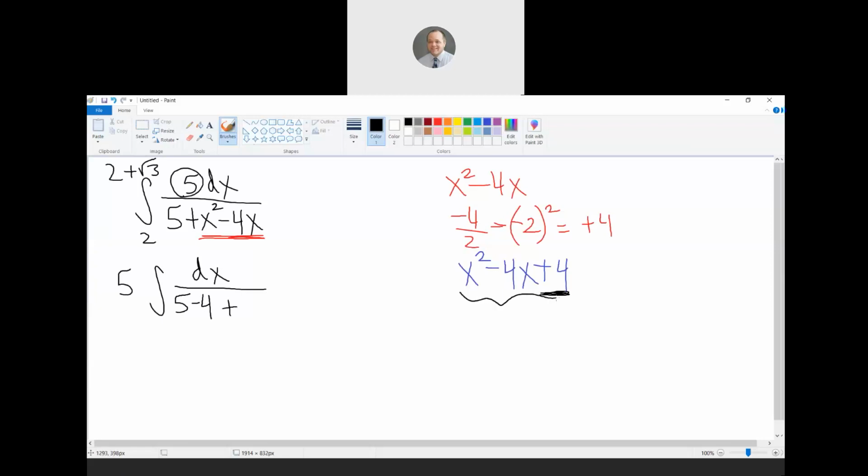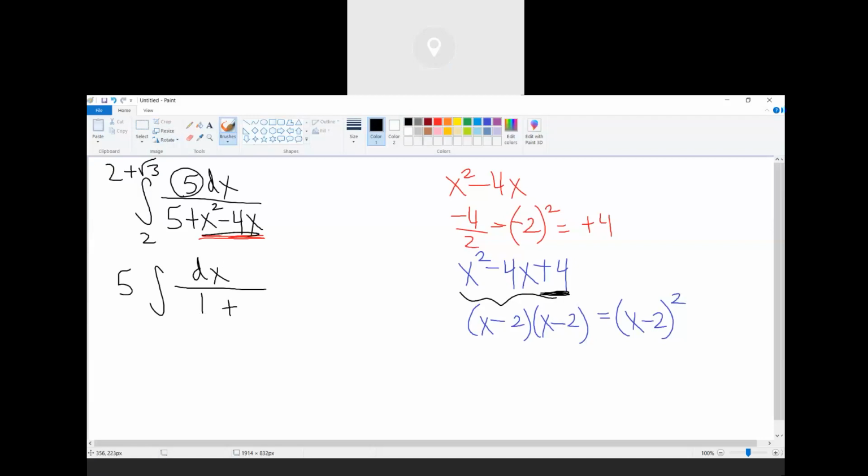Now our x squared minus 4x plus 4 is a perfect square trinomial. So we can factor it as x minus 2 times x minus 2. And that's the same thing as x minus 2 squared. All right, so this part here we know is 1 now.